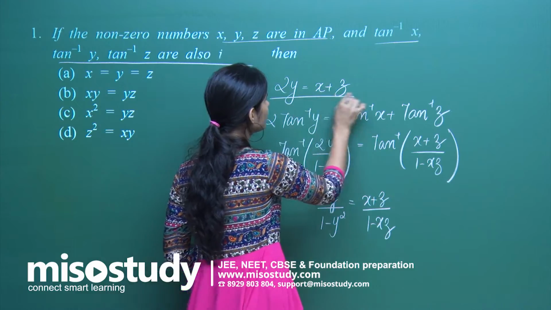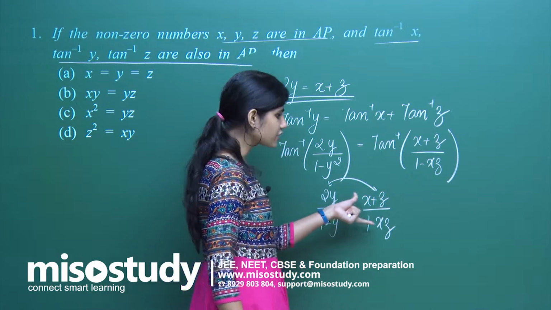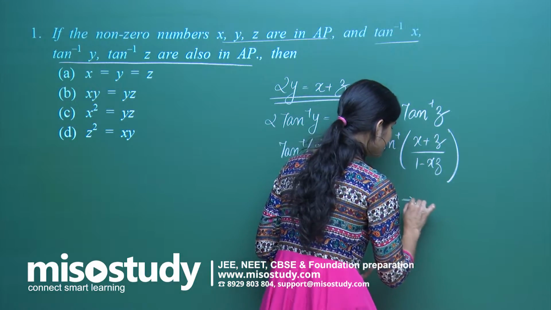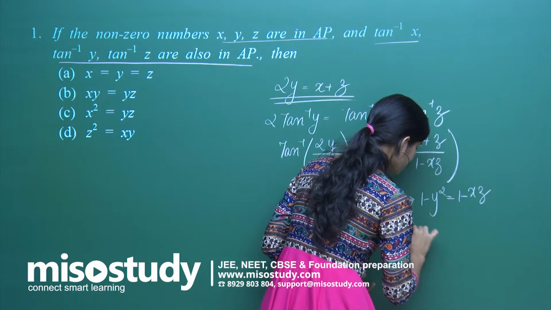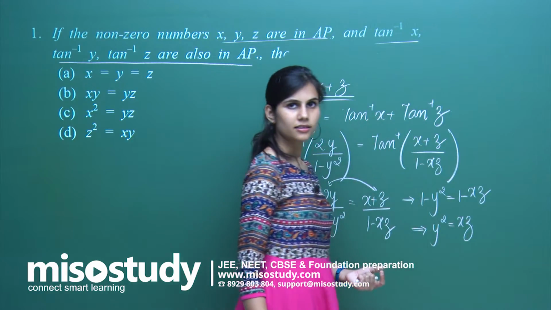Now 2y is equal to x plus z. The numerators are equal. So automatically for these fractions to be the same, 1 minus y square equals 1 minus xz. This eventually means y square equals xz.